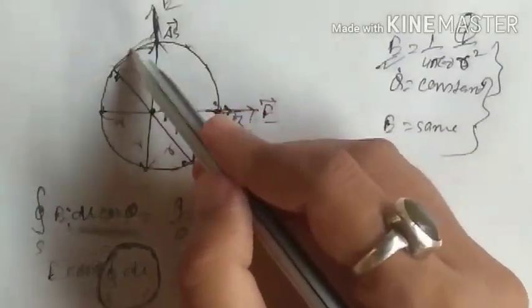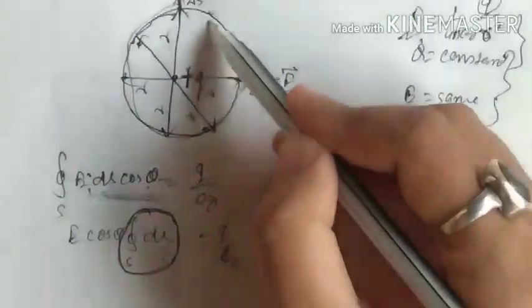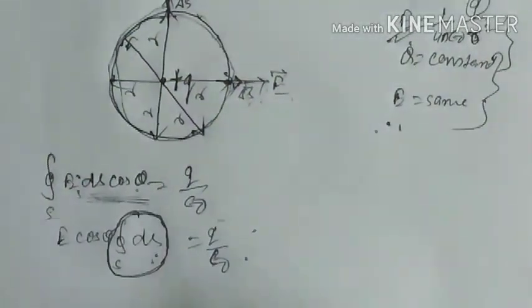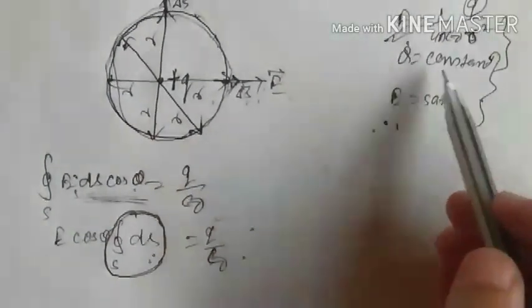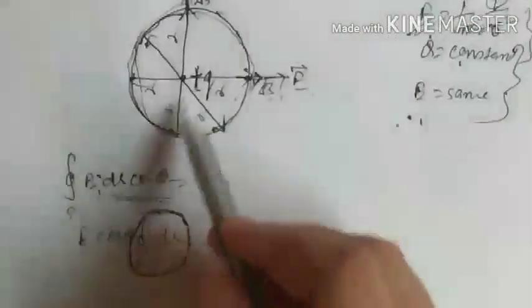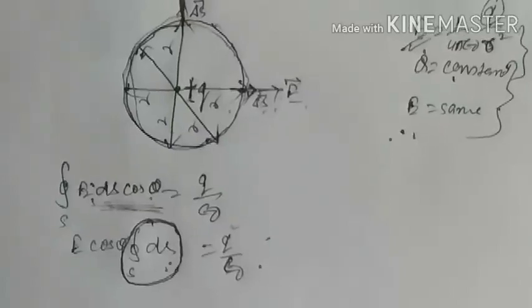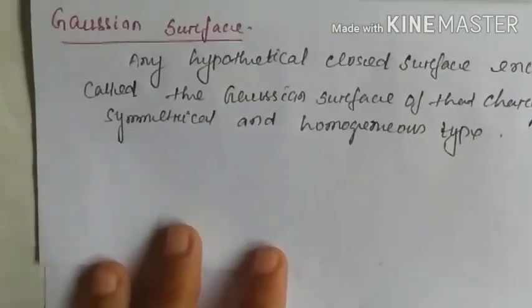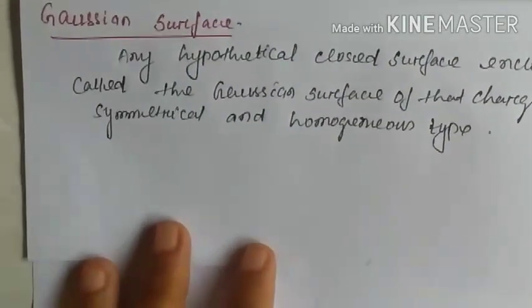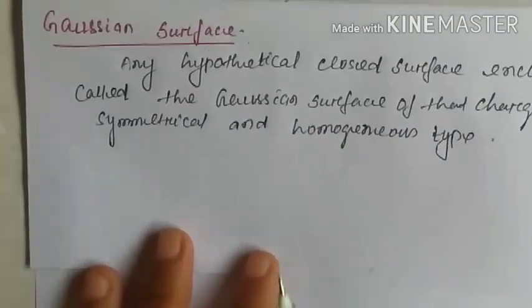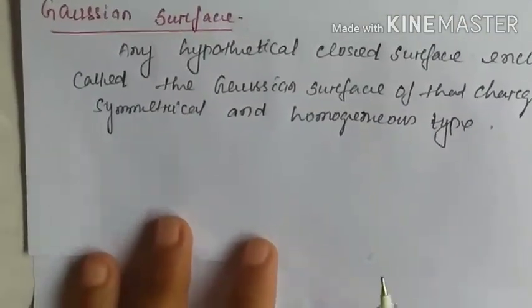So this hypothetical or imaginary surface that we consider to simplify our purpose is known as the Gaussian surface. How can we define the Gaussian surface?